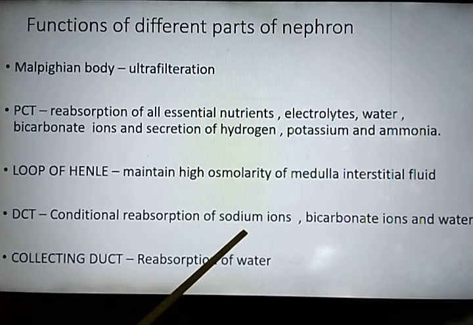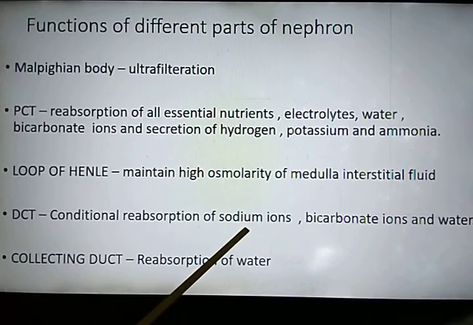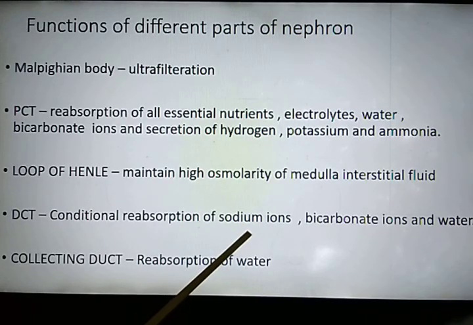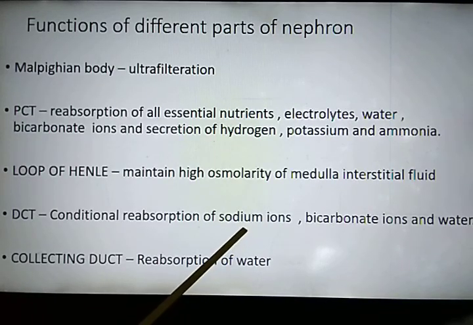So whenever there is a decrease in glomerular filtration rate, at that time the JG cell produces renin, which converts angiotensinogen into angiotensin 1, then angiotensin 2.